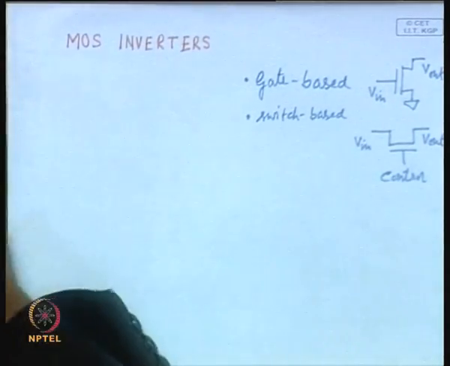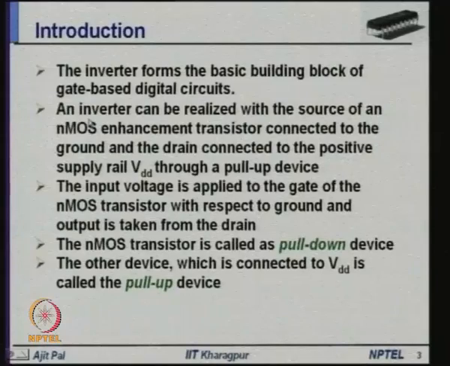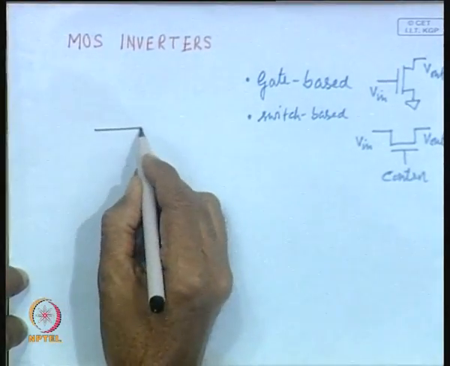Now, how can you realize a MOS transistor inverter? An inverter can be realized with an NMOS enhancement mode transistor, where the source is connected to the ground and the drain is connected to the positive supply rail VDD through a pull up device. So, the general structure will be somewhat like this.